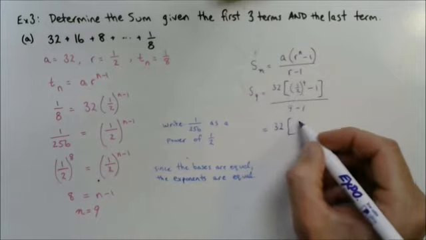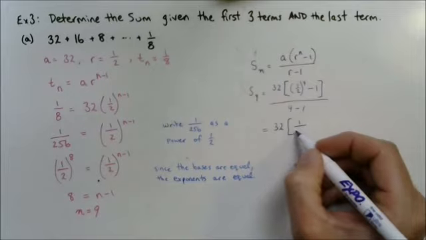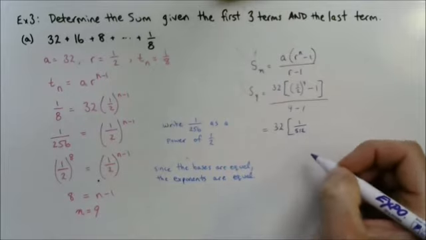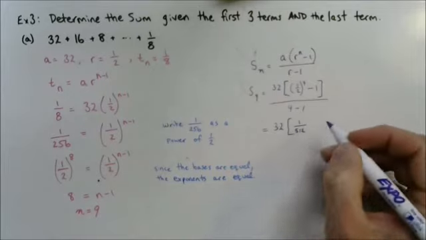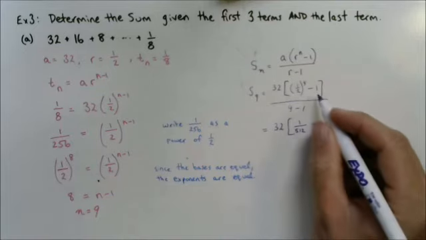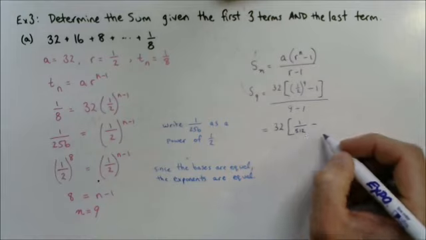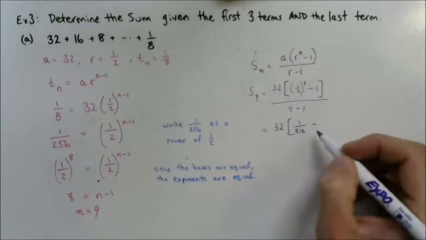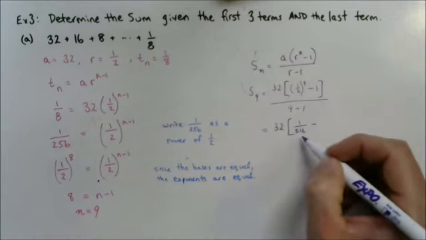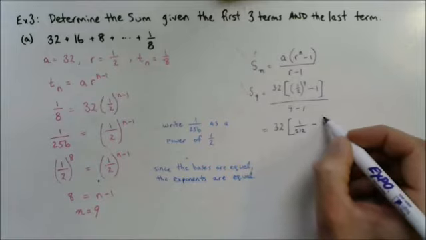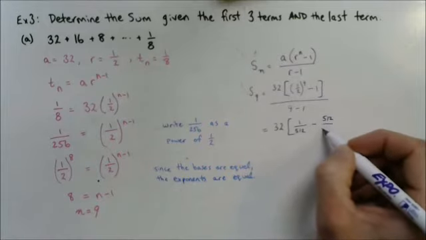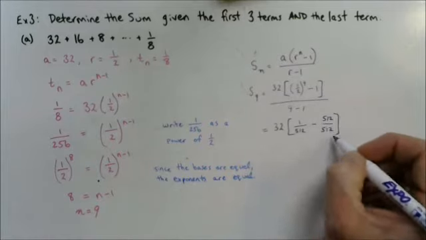Okay, tiny little fraction. And then we're going to subtract 1. But in order to subtract, I need to have a common denominator. So I'm going to express 1 as a fraction over 512, which is 512 over 512.